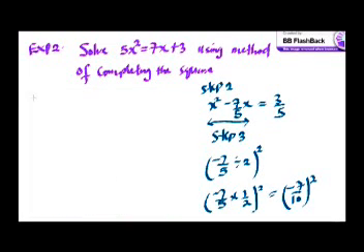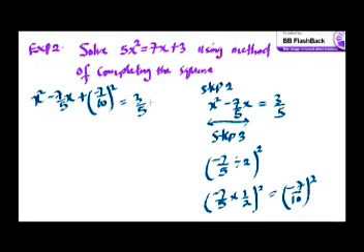Now our equation becomes x squared minus 7 over 5x plus the value that must be added, which is minus 7 over 10 all square, is equal to 3 over 5 plus minus 7 over 10 all square. So it's added to both the left hand side and the right hand side.